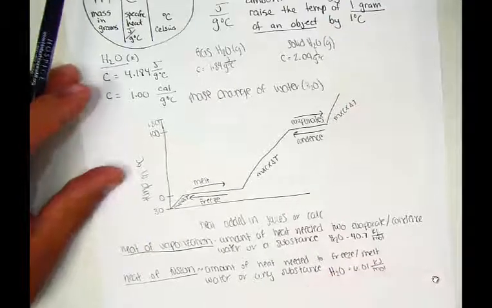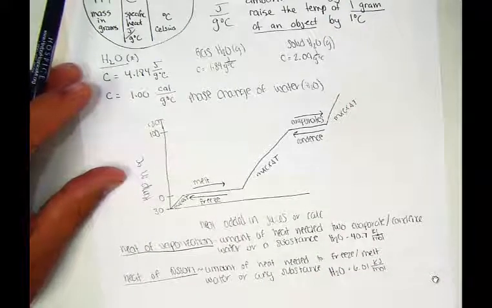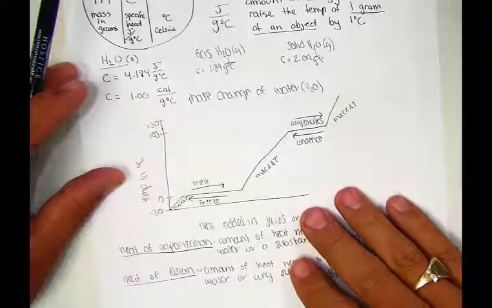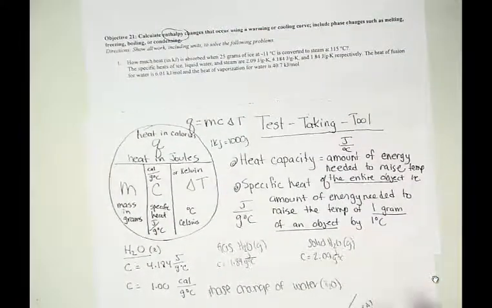We can keep track of how much heat is needed to either warm things up and melt them, or cool them off, make them condense, make them freeze. So let's see what we're needing to deal with on this first one. How much heat is absorbed when 25 grams of ice is converted to steam at 115?